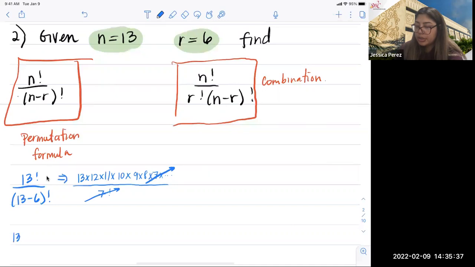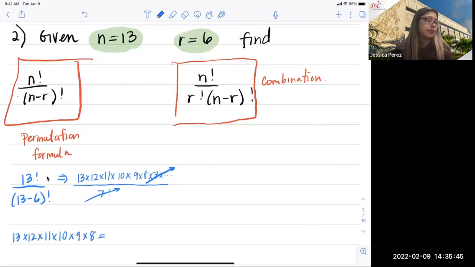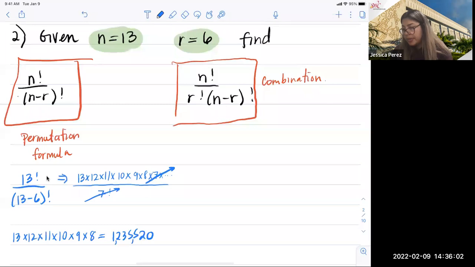So you're only left with 13 times 12 times 11 times 10 times 9 times 8. Again, using your calculator, you do 13 times 12 times 11 times 10 times 9 times 8, and you get 1,235,520.